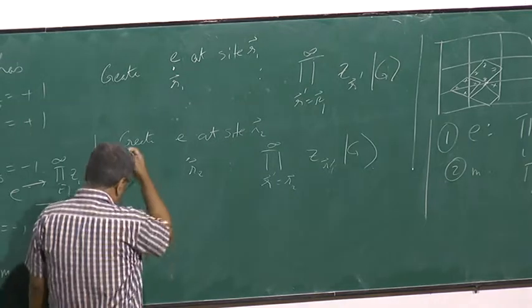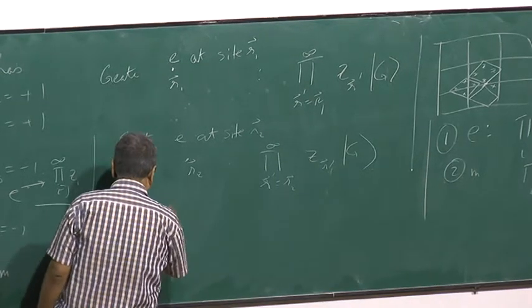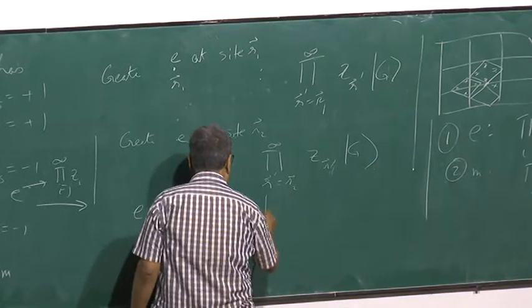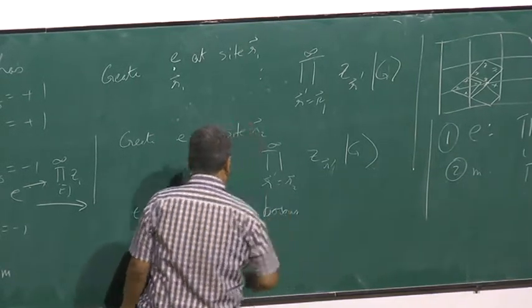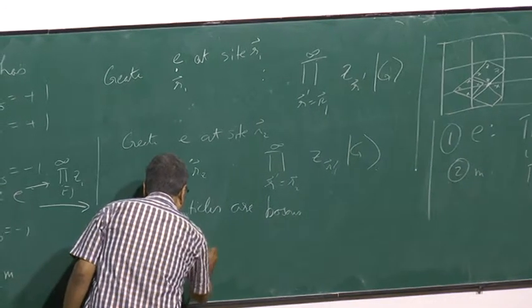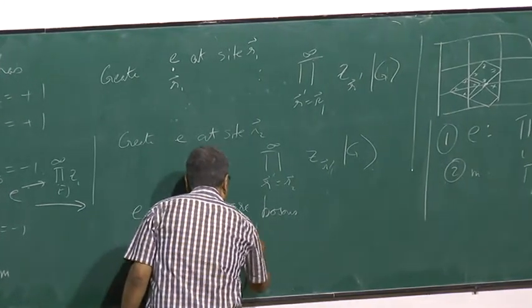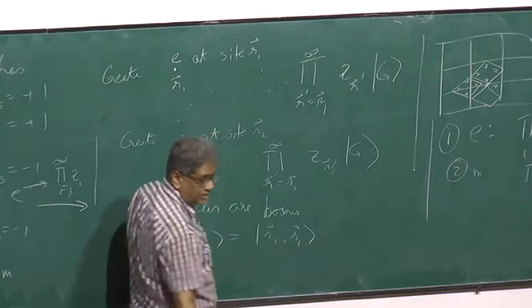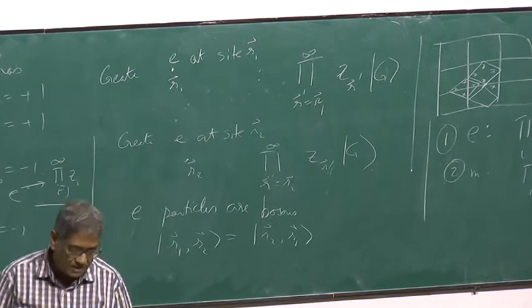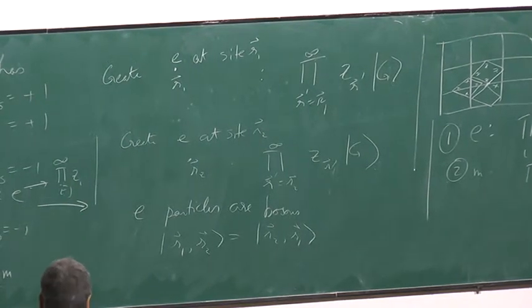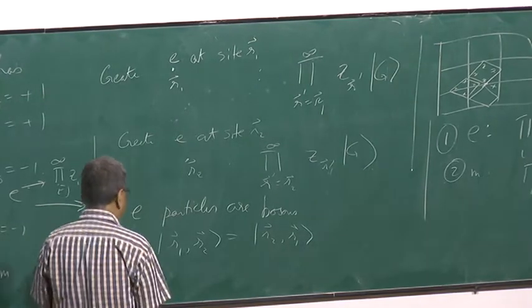Okay. So the E particles are bosons. In other words, if I create something at R1 and then create something at R2, that is the same as creating at R2 and then creating at R1. It does not matter in which order you create them. Okay, so the E particles are bosons. That is true.